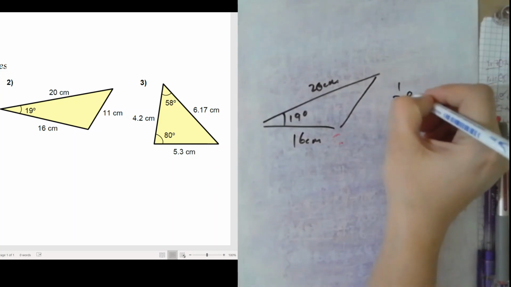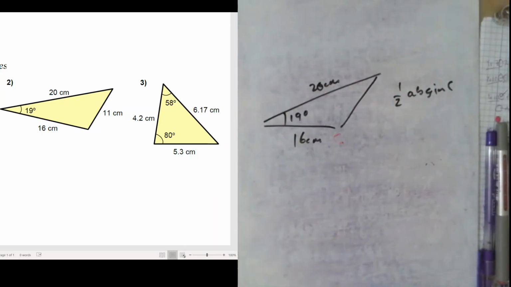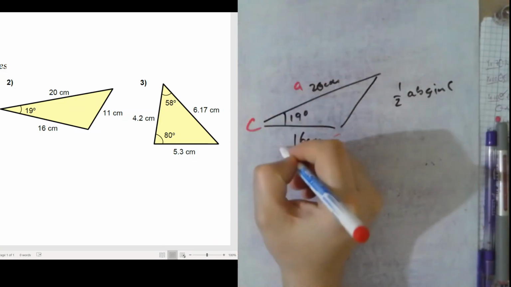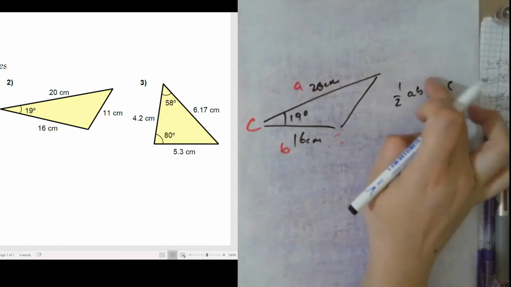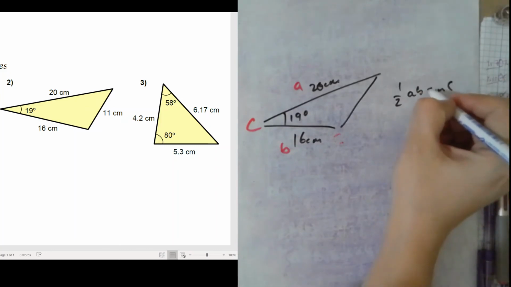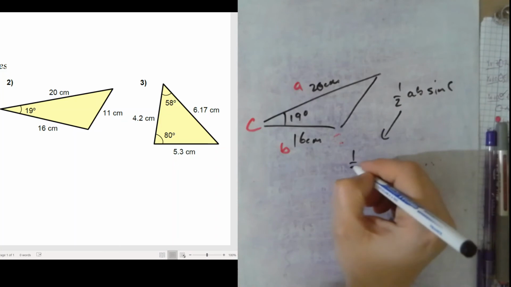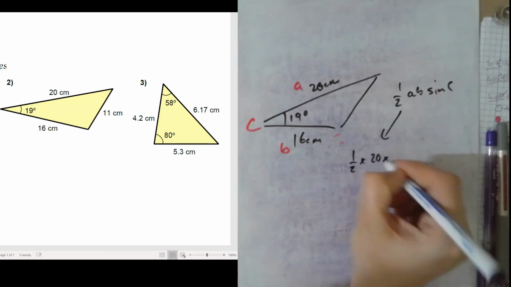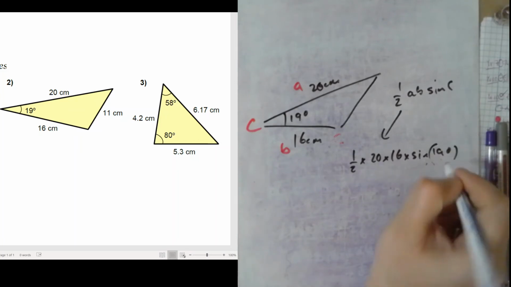Okay, so I have my half AB sine C. I'm going to label up this as C and A and B. Okay, because I've got my two sides and the angle in between. There you go, better. So this would be half times 20 times 16 times sine 19 degrees.